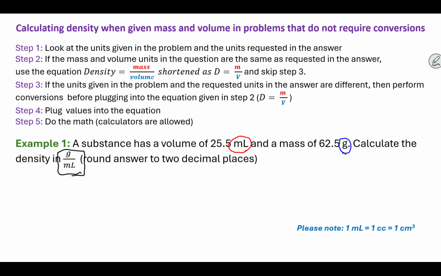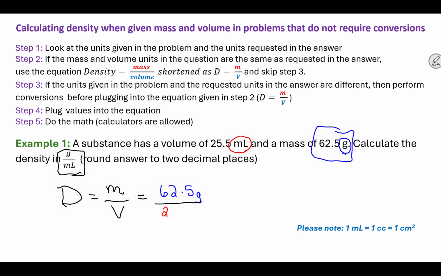So we can just write the equation for density. Density equals mass over volume, and then plug in our masses and volumes. So our mass is 62.5 grams, and our volume given is 25.5 milliliters.